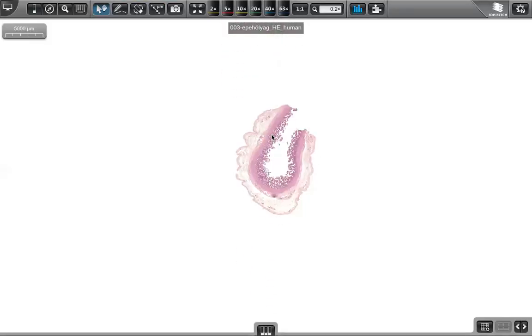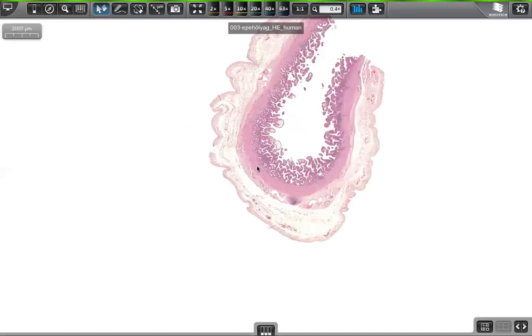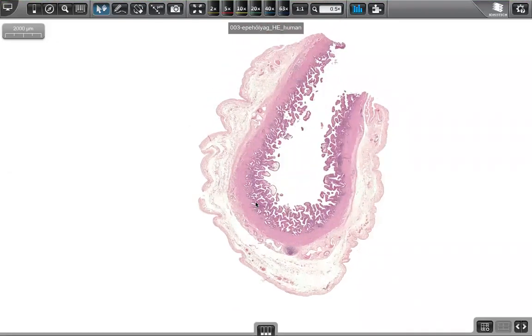You know, we have some slides representing neither muscularis mucosae nor submucosa, such as the gallbladder, seminal vesicle, ureter, some part of the bladder, and fallopian tube as well.